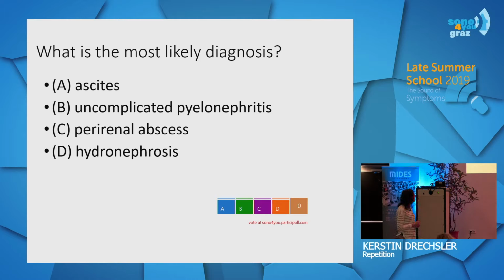Is it ascites? Is it an uncomplicated pyelonephritis? Is it a perirenal abscess? Or is it a hydronephrosis? Who is for A? B? C? D? Okay. It's actually a perirenal abscess.